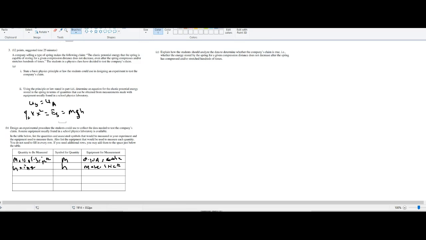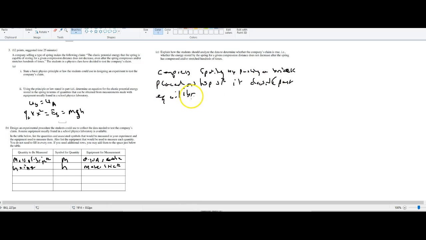So you would say something like: compress the spring by pushing a brick placed on top of it down past equilibrium. Place a meter stick in the background.